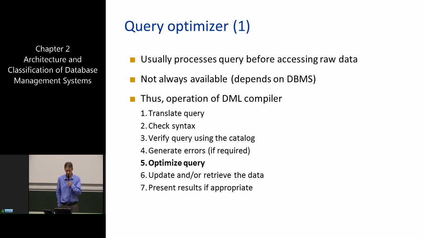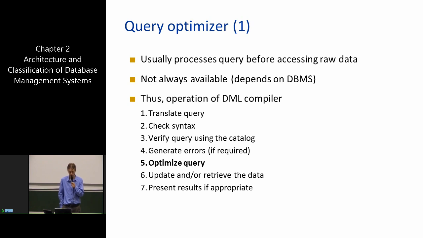Now, particular focus can be put on the query optimizer, because the query optimizer is going to collaborate with the DML compiler in case the DML statements concern queries. So a query, remember, is a question that you wish to address to the database. Questions like, give me the students registered for this class, or give me the average mark that students obtained for this class.